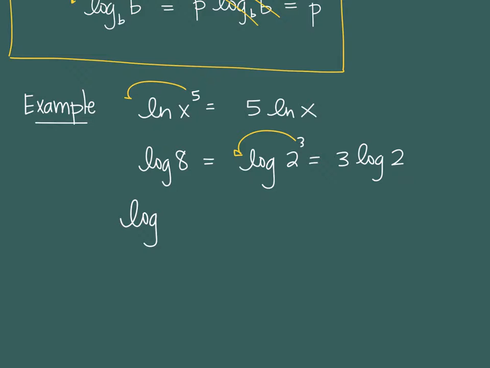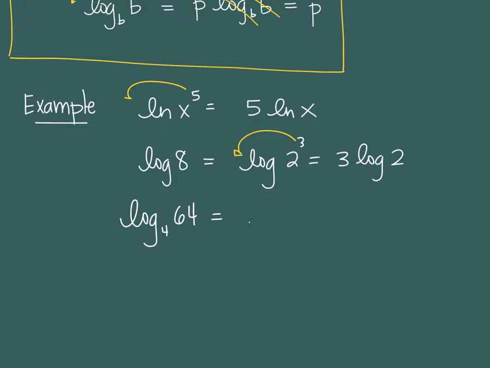Okay. You could do it with a log base 4 of 64. And hopefully, you think, oh, I know that. Okay, 64 is 4 cubed. 64 is also 2 to the 6th.